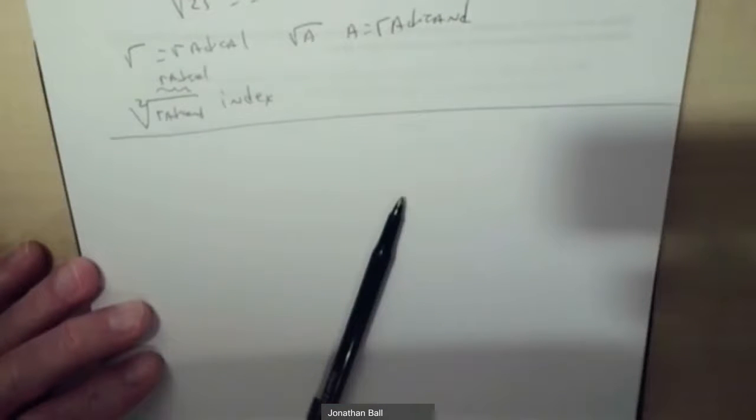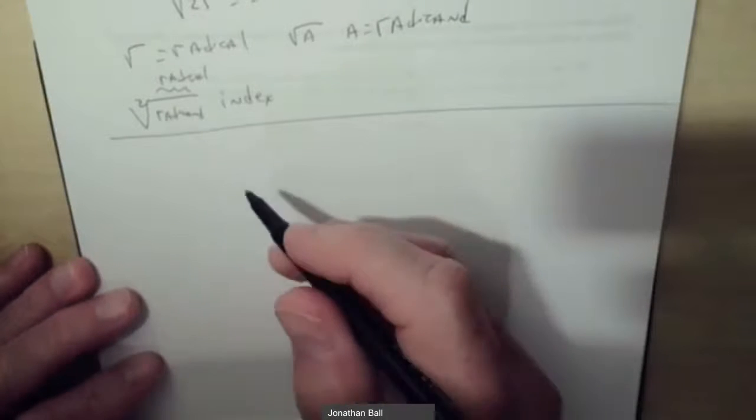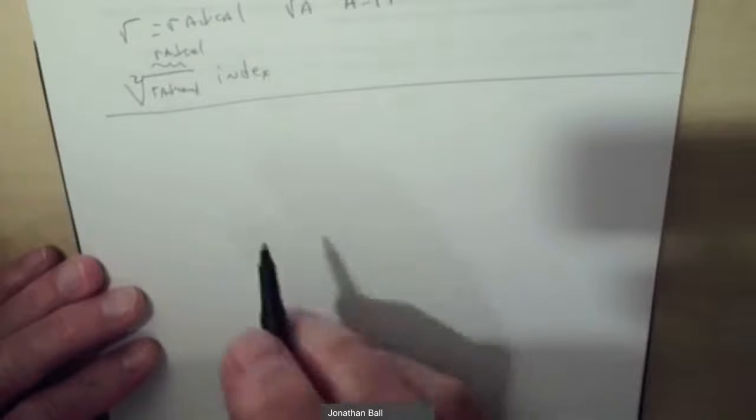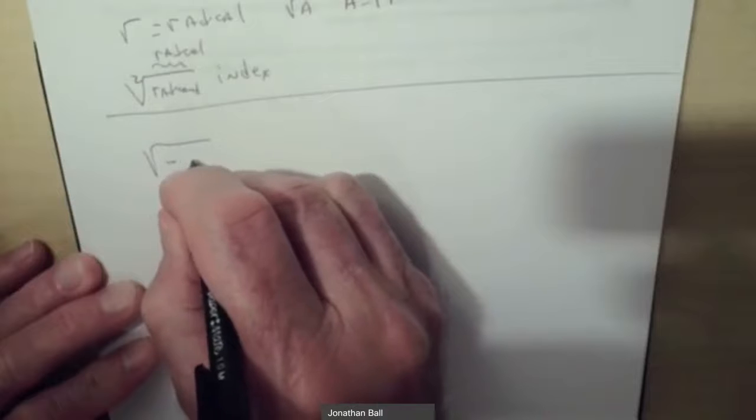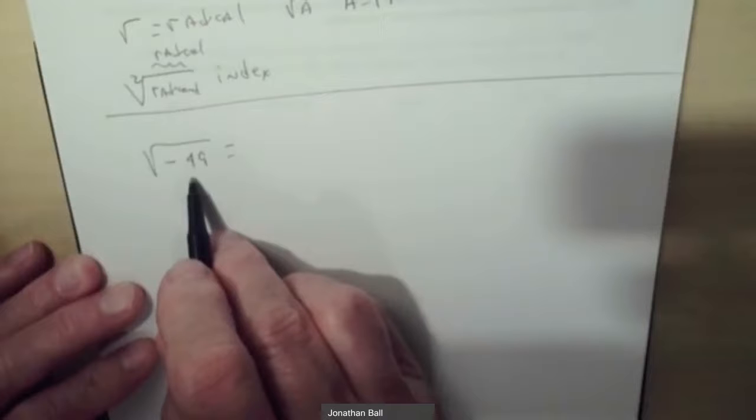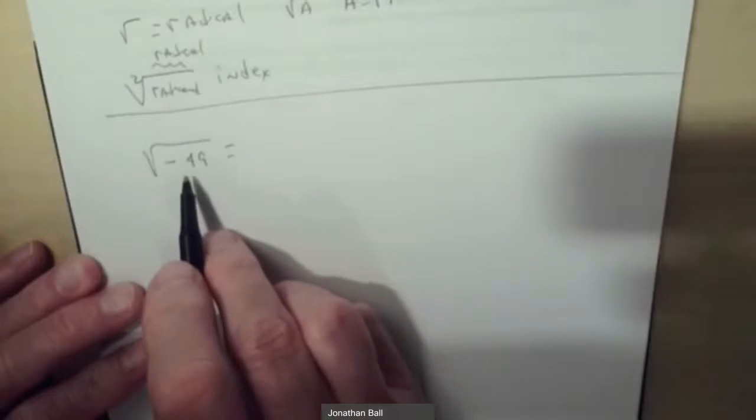Now, for right now, we will have a way of dealing with this at some point. But if you have the square root of negative 49, what number times itself is negative 49?